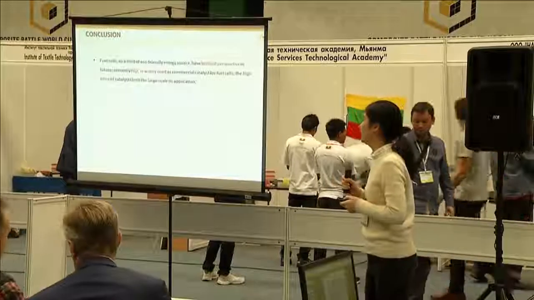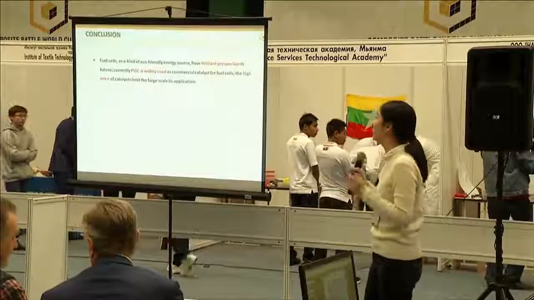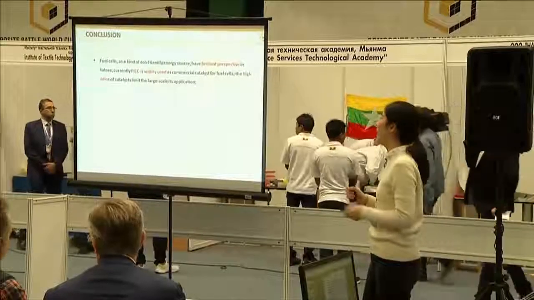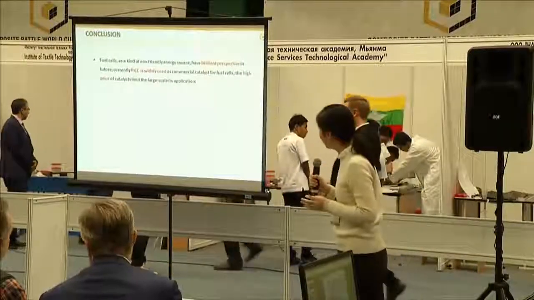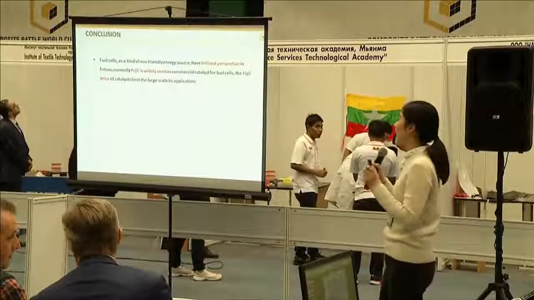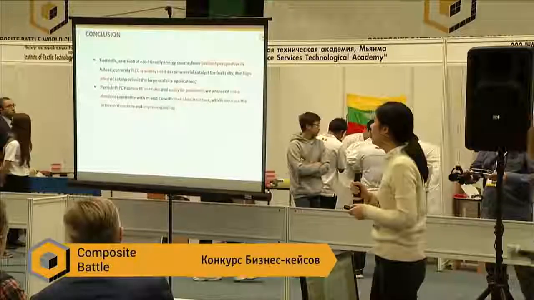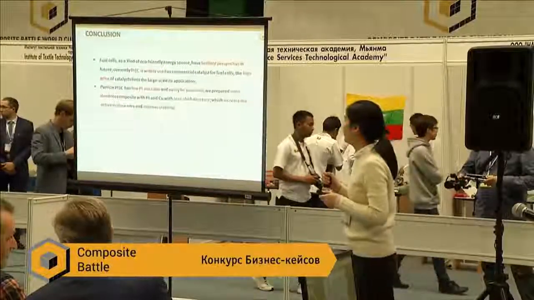So for the conclusion, fuel cells as a kind of eco-friendly energy source have brilliant perspective in future. And currently, platinum carbon is widely used as a commercial catalyst for fuel cells, and the high price limits its large scale application.